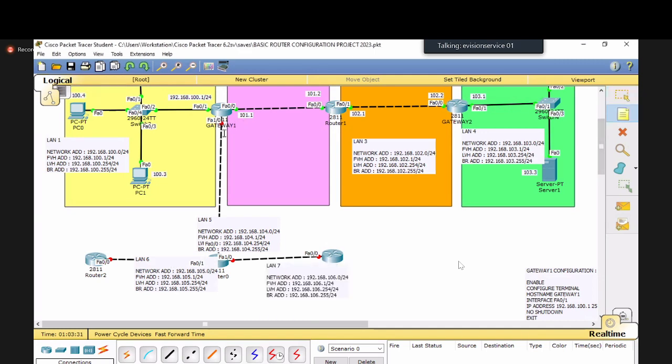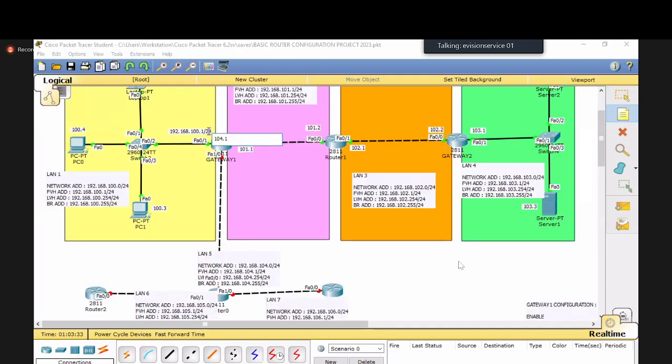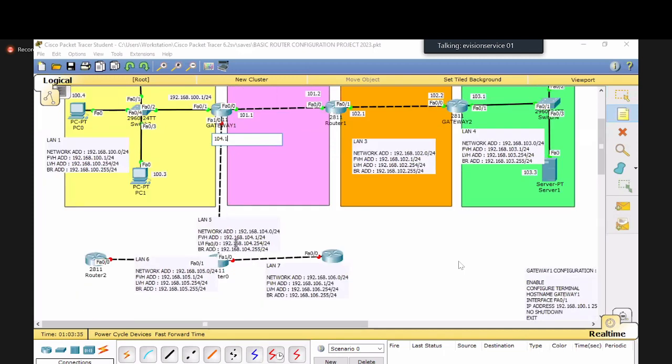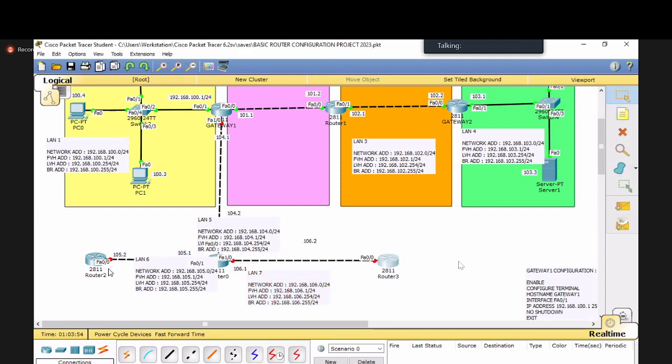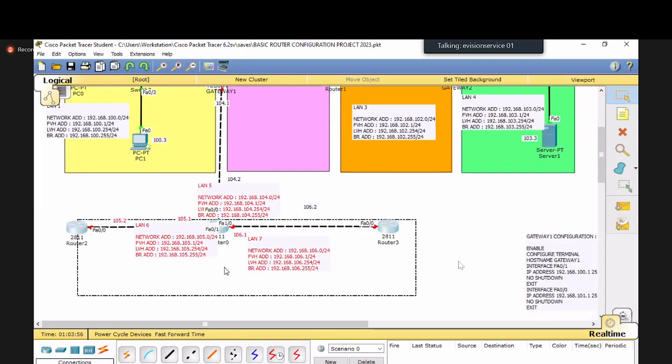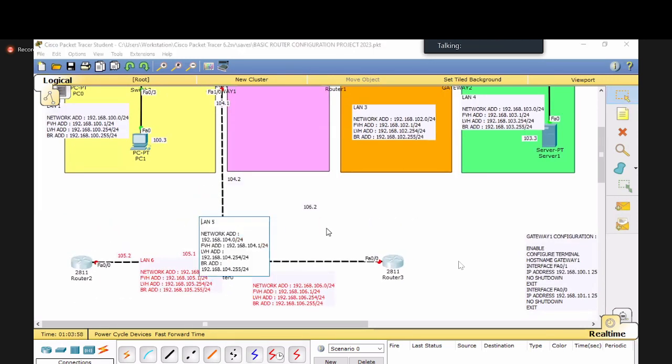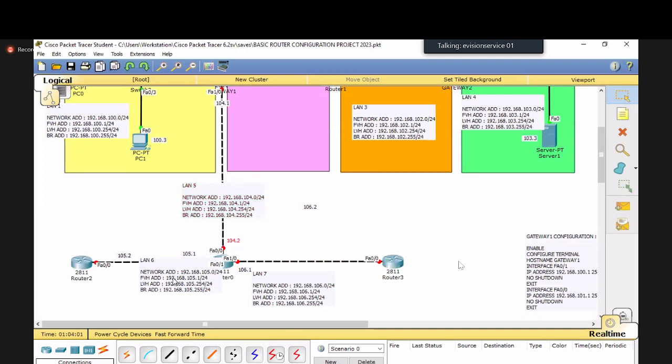And here we have our IP address, which is 104.1, and over here we have IP address of 104.2. Here we have IP address of 105.1, 105.2, and here 106.1, 106.2. So let's make it a little bit bigger. So that is our LAN number 5, like this.